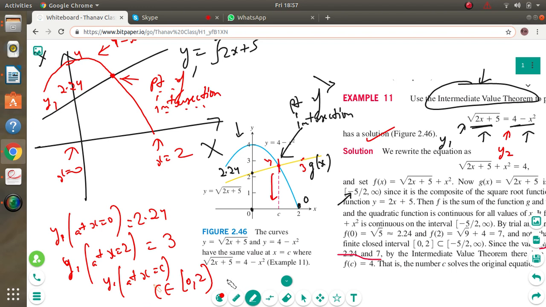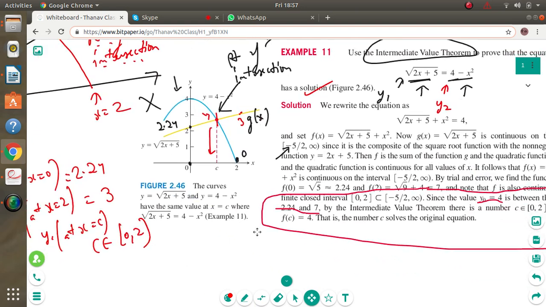Now, the last thing, if you look at the question, I'll highlight it again. Can you read that? Does that make sense to you? Okay, let me read.